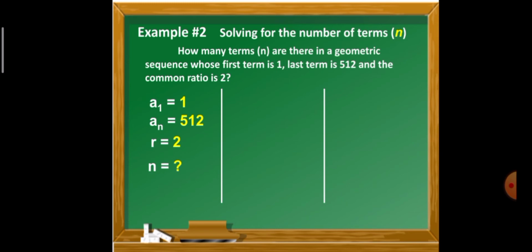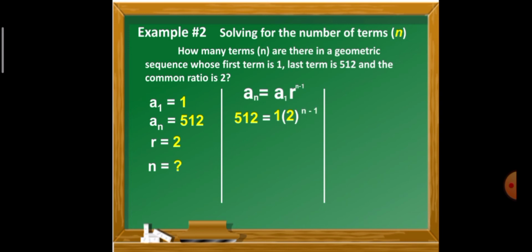So gagamit ulit tayo ng formula. A sub n equals a sub 1 times r raised to n minus 1. Then substitute all the given values. So we have 512 para sa a sub n. A sub 1 is 1. The common ratio ay 2 raised to n minus 1.